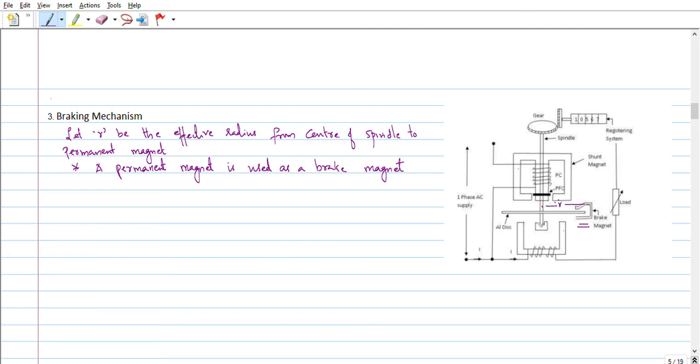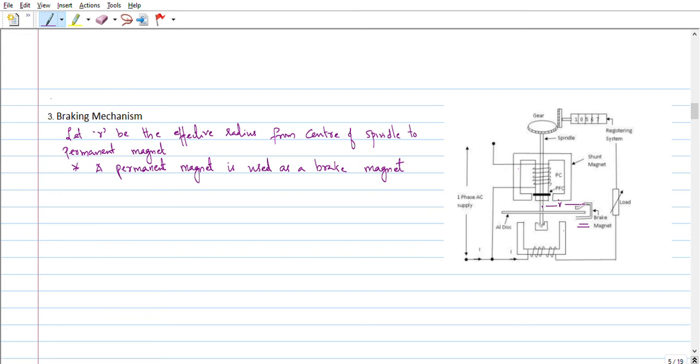The aluminum disc rotates within the field of the shunt magnet and the series magnet. The same aluminum disc, a portion of it, is rotating in the field of the brake magnet, cutting the flux produced by the brake magnet or permanent magnet.